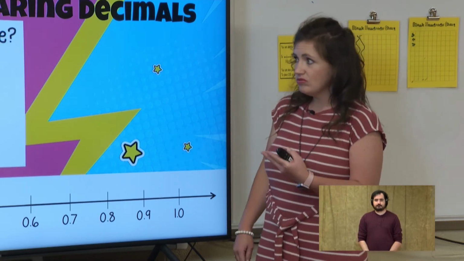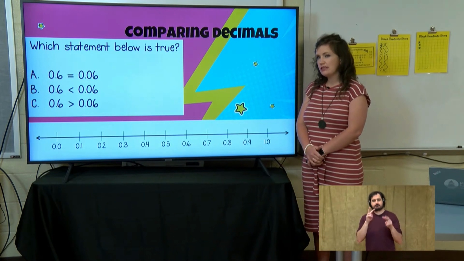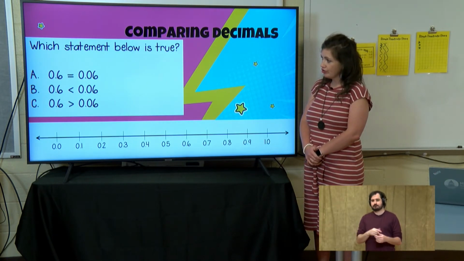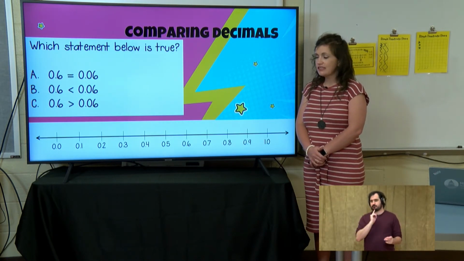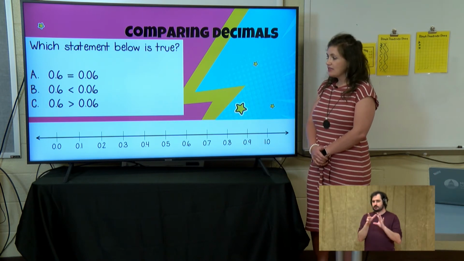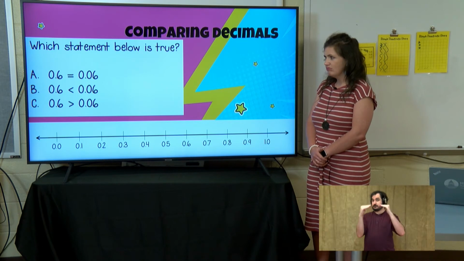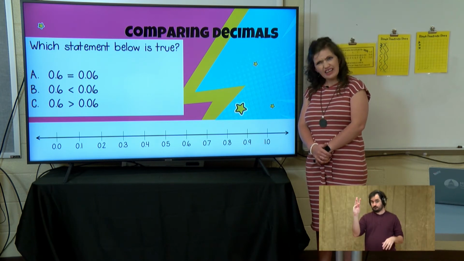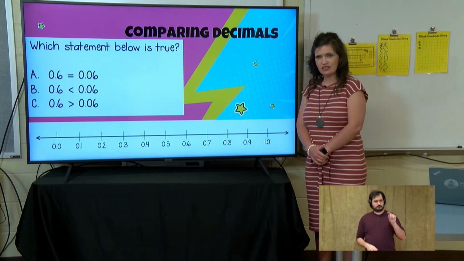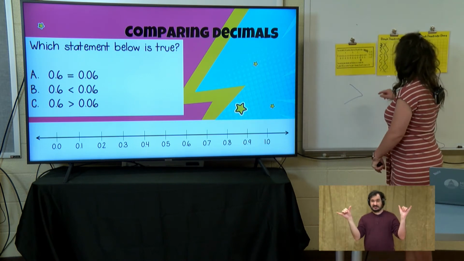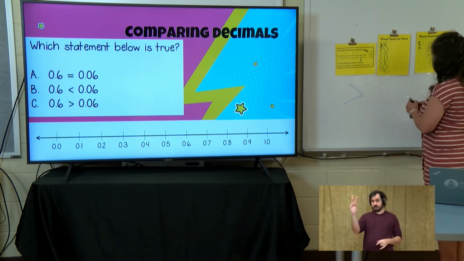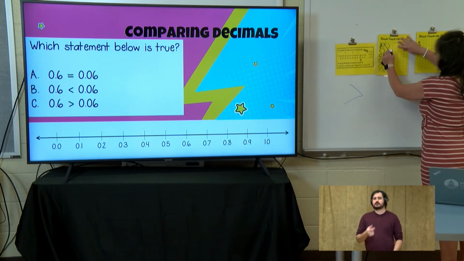All right. So now let's look at this one. Which of these statements would you say is true? Well, let's look at statement A. 6/10ths equals 6/100ths. Is 6/10ths the same as 6/100ths? Well, let's see. Let me draw 6 hundredths.